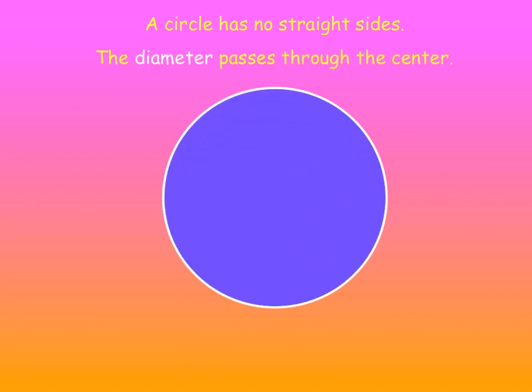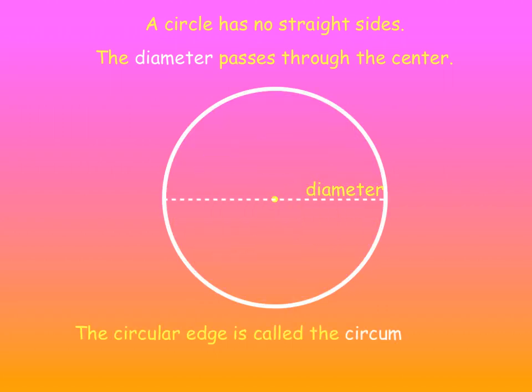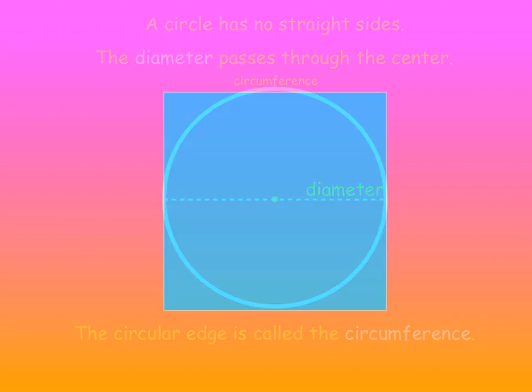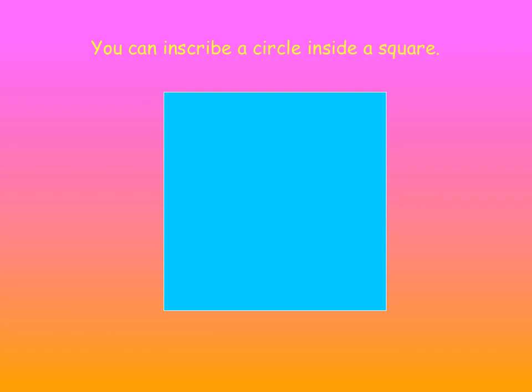A circle has no straight sides, but the diameter passes through the center, and the circular edge is called the circumference. You can inscribe a circle inside a square.